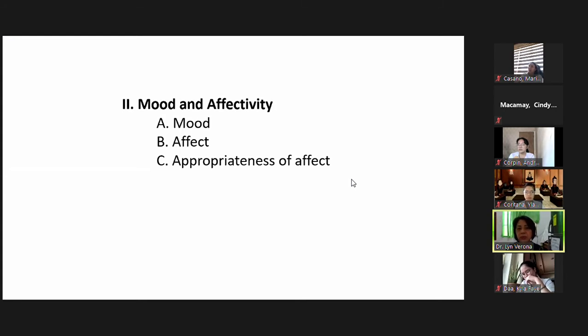The affect must jive with the mood. If the affect is sad, and the patient is telling you that somebody in the family is sick and he is sad about that, especially if it is the mother, the father, or the sisters, then the affect jives with the mood, and it is an appropriate affect. So that is mood and affect.